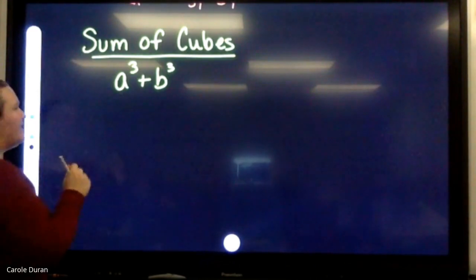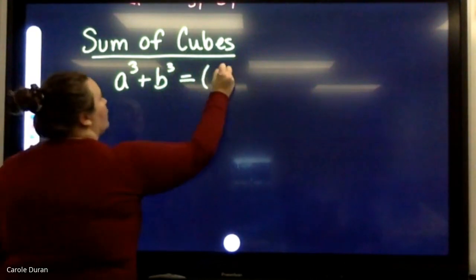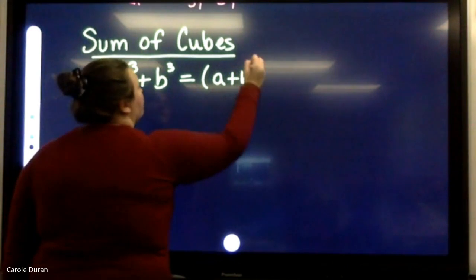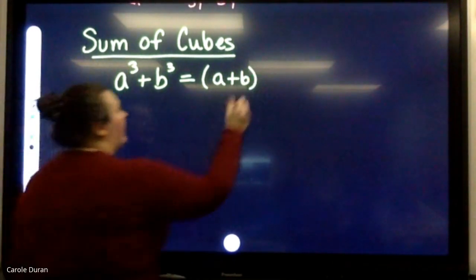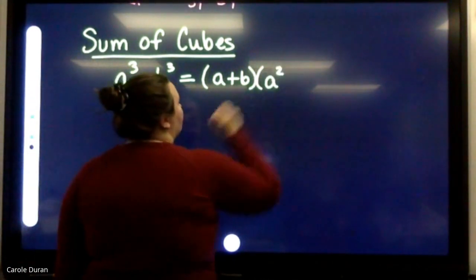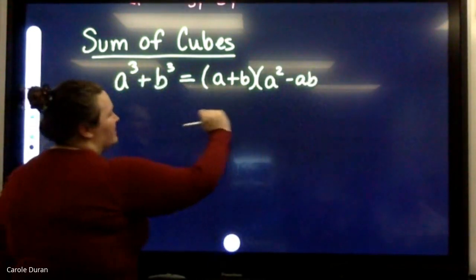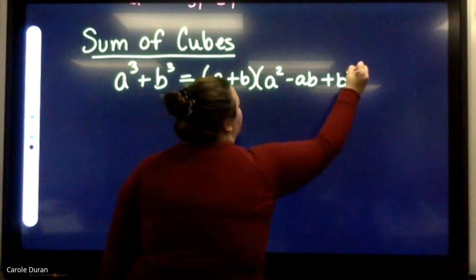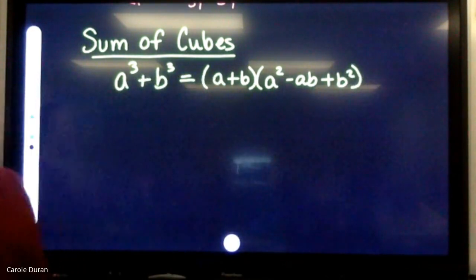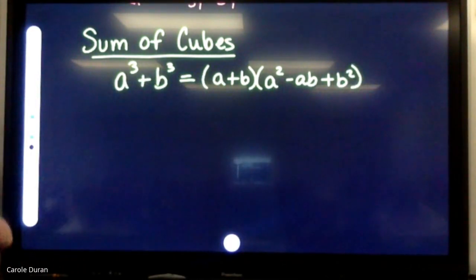And this factors into the root of the first plus the root of the second, times the root squared minus the product of my roots together plus my second root squared. I know it sounds really confusing, just write it and we'll do examples.